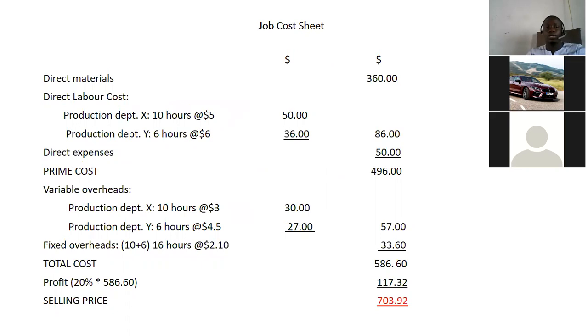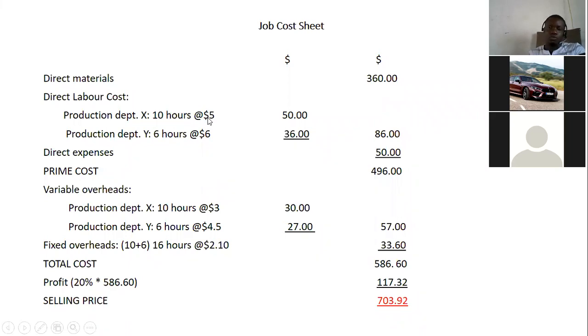All right. So our prime cost is 496. We arrive at that. Our direct material from the question is $360, right? Our direct labor cost for production department X is 10 hours at $5.